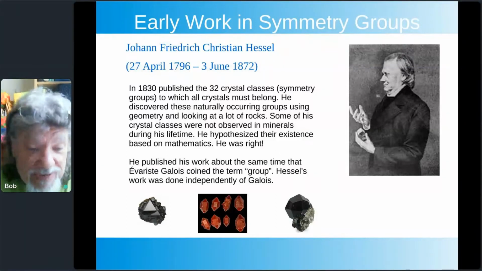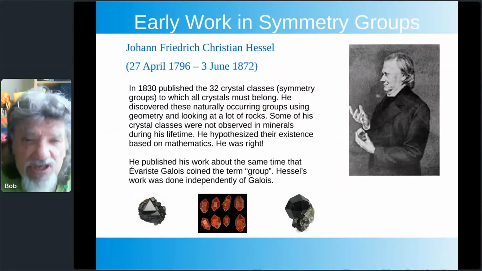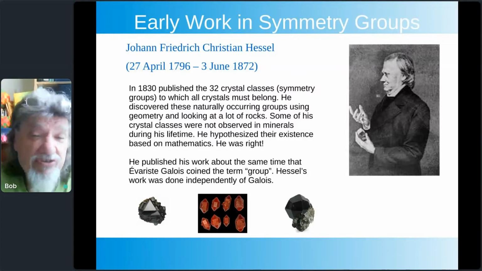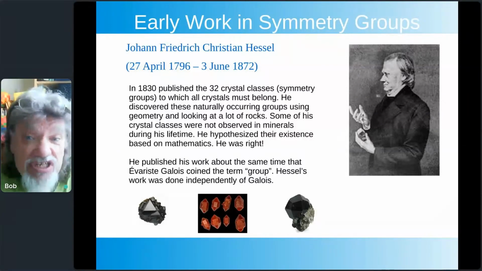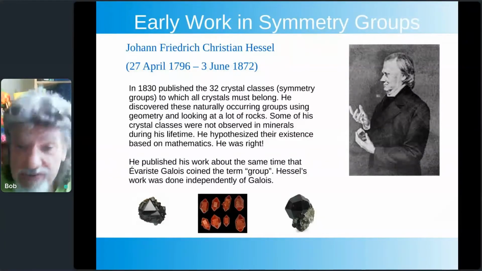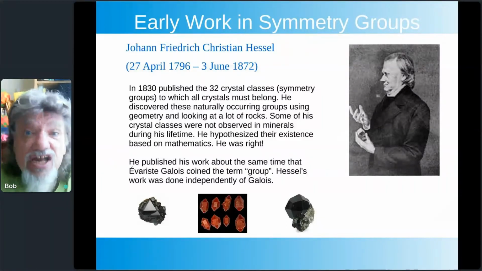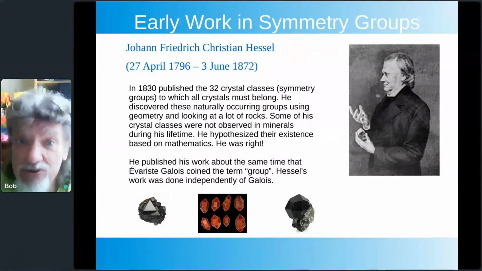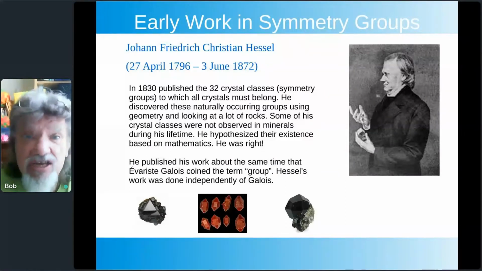If I fill space with these microscopic symmetry groups, what macroscopic symmetry groups can they make? Which of these symmetries will fill space and make big crystals? That was his requirement to be in those 32 classes. There are some symmetry classes that don't fit in those 32 classes because they cannot be reproduced by filling space with molecules or atoms.